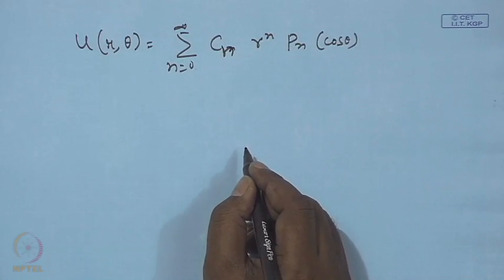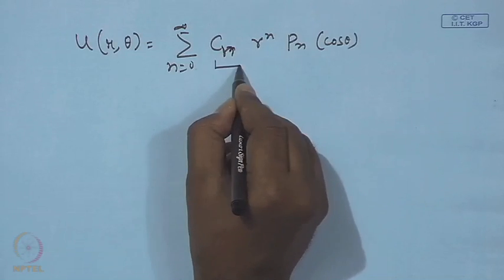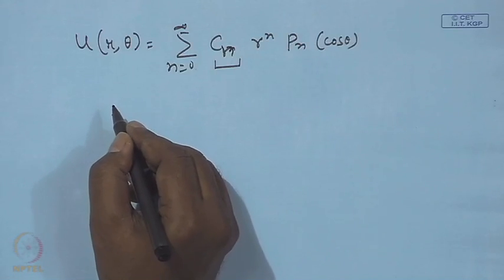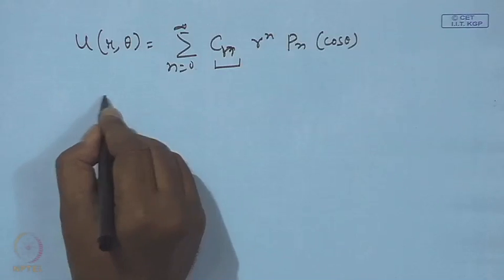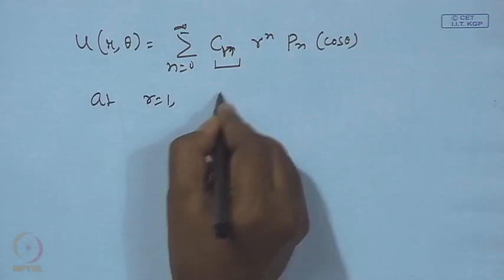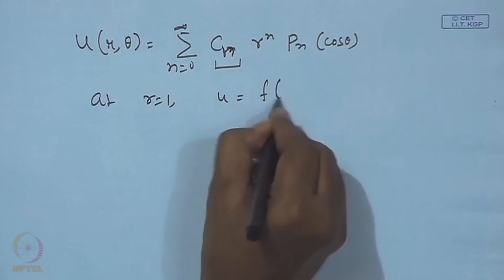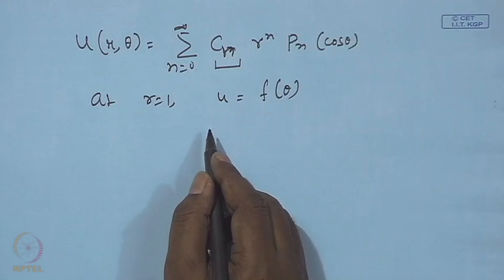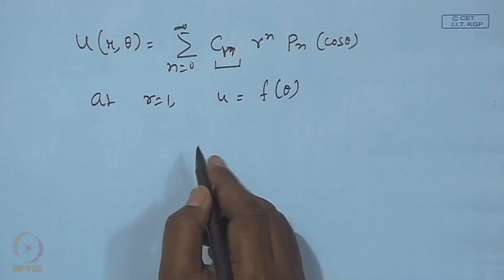Now, we have one integration constant C n that has to be evaluated, and we have one condition that still remains unutilized. That condition is at r is equal to 1, where u of r theta is non-homogeneous. So, at r is equal to 1, u is equal to f of theta. We utilize this boundary condition to evaluate the constant C n.